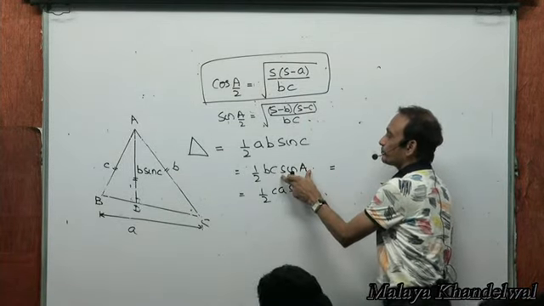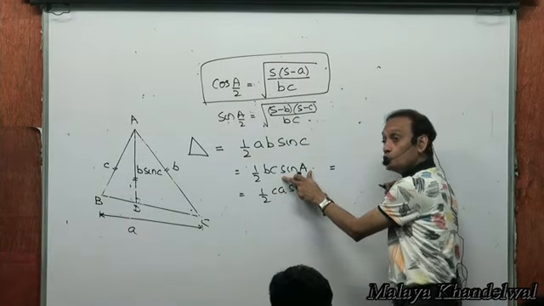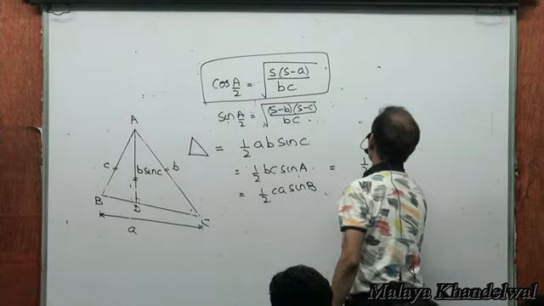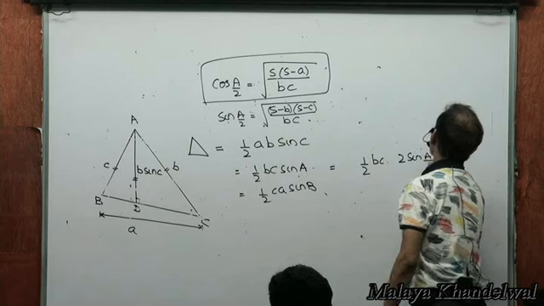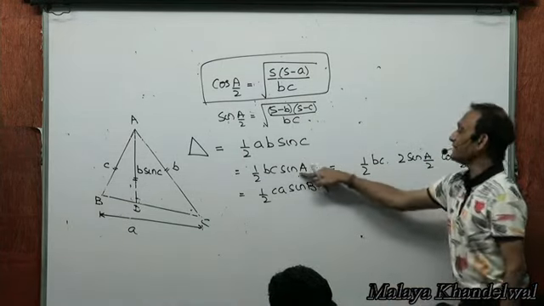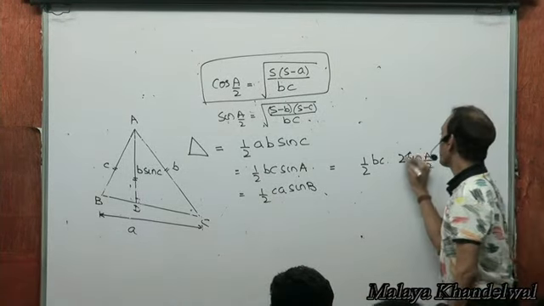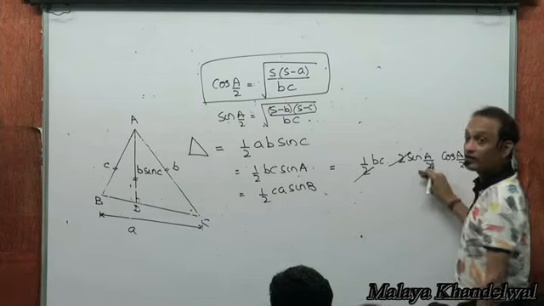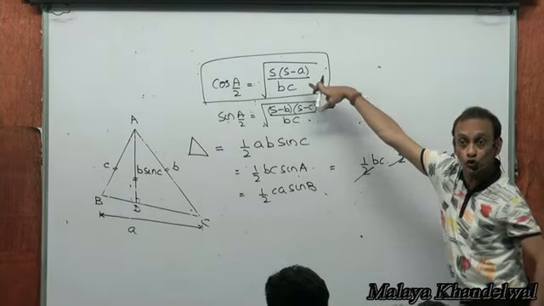Now, bc sine A. Sine A can be written as 2 sine A by 2 cos A by 2. So this is half of bc into 2 sine A by 2 cos A by 2. Sine theta is written as 2 sine theta by 2 cos theta by 2, right? Now, I have half angle results for a triangle. Sine A by 2 available, cos A by 2 available.